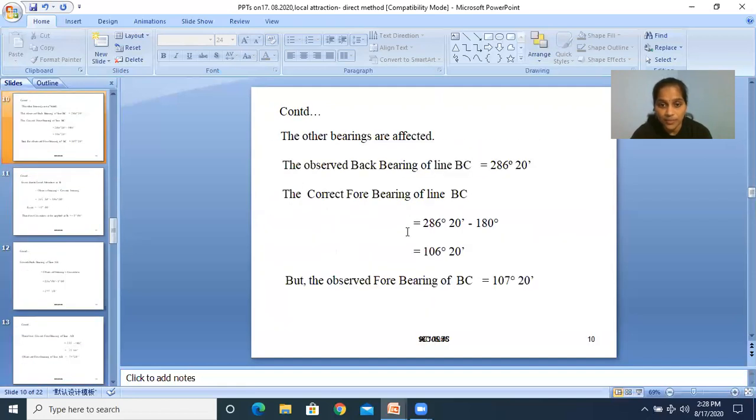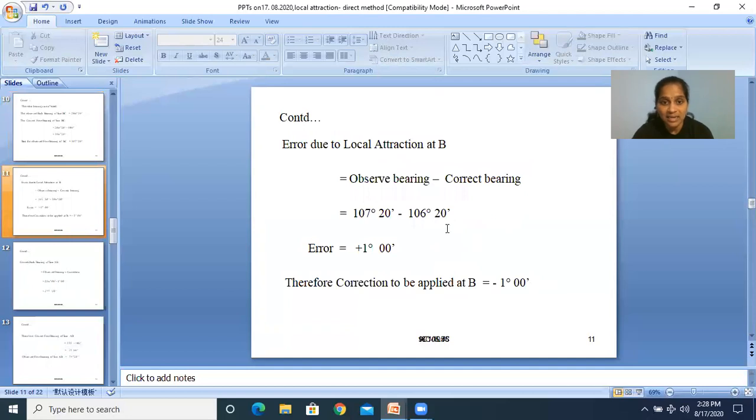Then you have to identify how much magnitude of error is there. How can we identify this one? The observed forebearing of BC line is 107 degrees 20 minutes, and the error due to the local attraction at B station is observed bearing minus correct bearing. By using this formula we can calculate the magnitude of error. So the observed forebearing of BC line is 107 degrees 20 minutes minus the correct bearing 106 degrees 20 minutes.